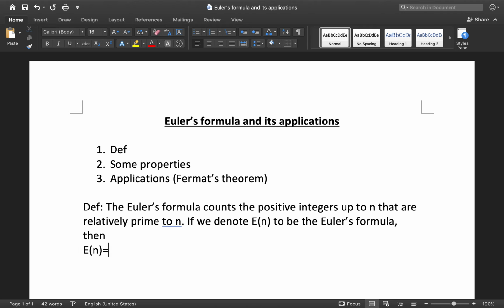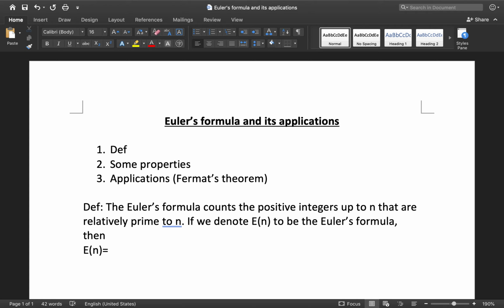If you have my notes, actually I use another symbol for Euler's formula, but because I'm using a Word file to type the words here, I use another notation. So I used capital letter E to denote the function.